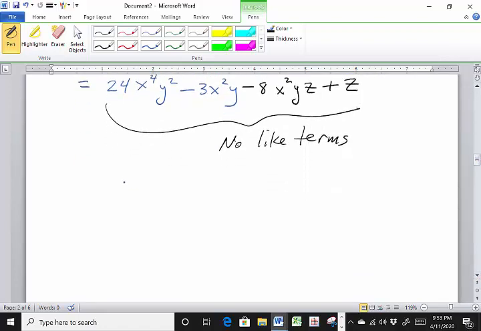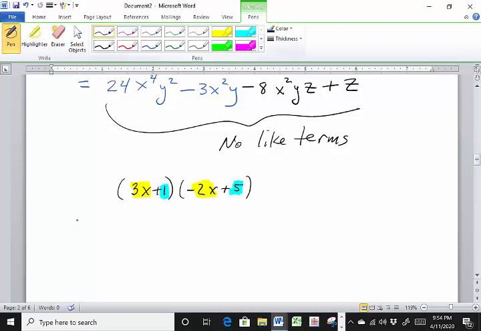Now let me give you a little insight here. Let's just look at two binomials again. Let's say I have 3x plus 1 times minus 2x plus 5. Okay? Notice that the first term is like the first term, and the second term is like the second term. So that means we will be able to combine like terms.